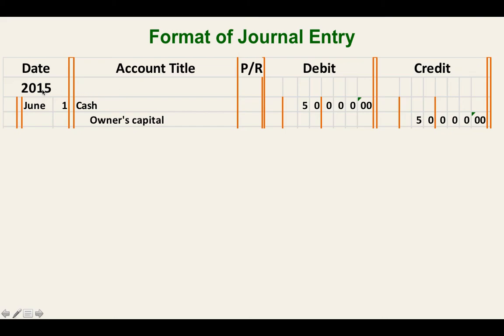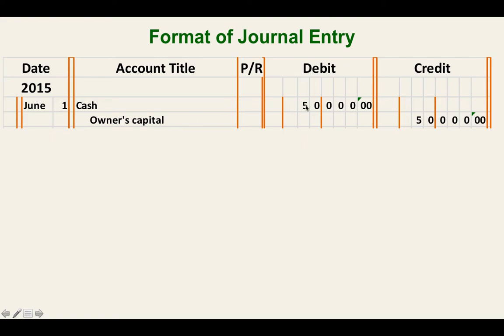We put the year, then after that, the month and the day, okay? And then our entry. Here, the debit is written right after the line. So we debit cash, and then the credit is indented a little bit, credit owner's capital, okay?